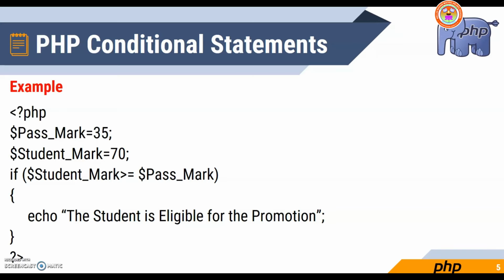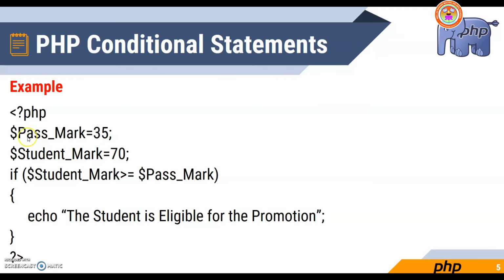First, $pass_mark is a variable, and using the assignment operator, the constant 35 is assigned to it. The second variable is called student_mark, and the value 70 is assigned. Immediately the condition is checked: if $student_mark, that is 70, is greater than or equal to $pass_mark, then echo "the student is eligible for promotion" will be executed.